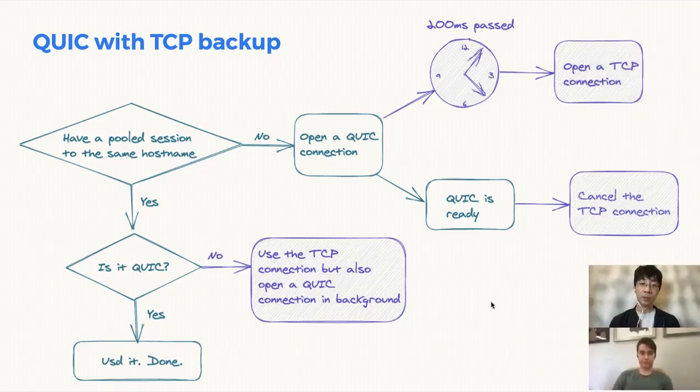The idea is very simple. We open a QUIC connection and we wait 200 milliseconds. After that, we fall back to a TCP connection. And if we have both QUIC and TCP available in our session pool on the client side, we always prefer the QUIC connection. This algorithm clearly has a preference for QUIC over TCP. That's because our data shows that as long as QUIC is not blocked, it always performs as well as or even better than TCP.